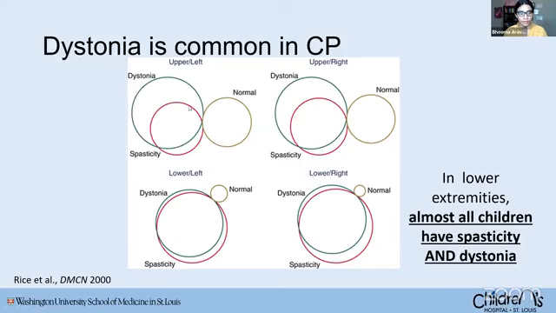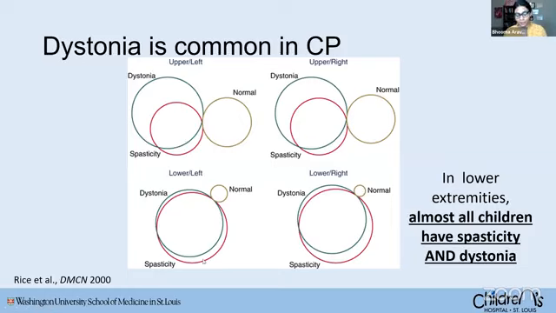So looking at these Venn diagram circles, people with spasticity, people with dystonia, and people with normal tone in those limbs. This is looking across a population of people with CP. This is the left arm, the right arm, the left leg, and the right leg. And what you can see is there's a lot of overlap in how many people have spasticity and dystonia in the arms, for sure.